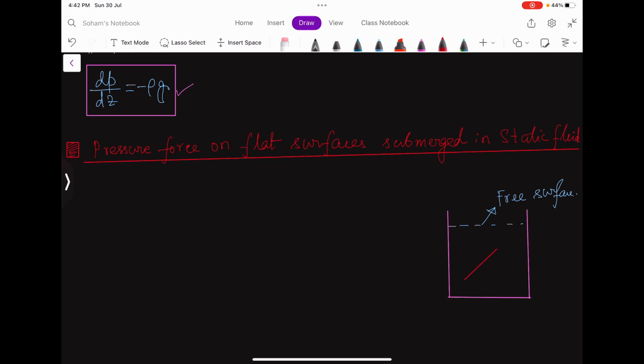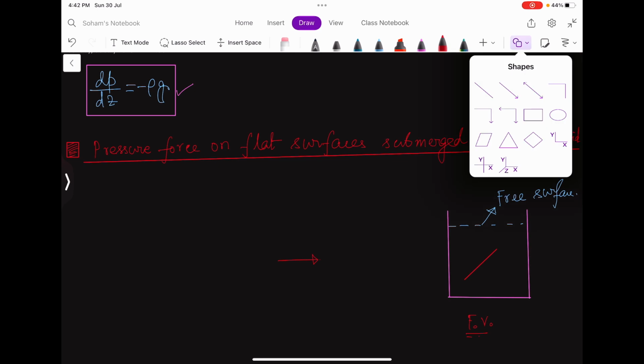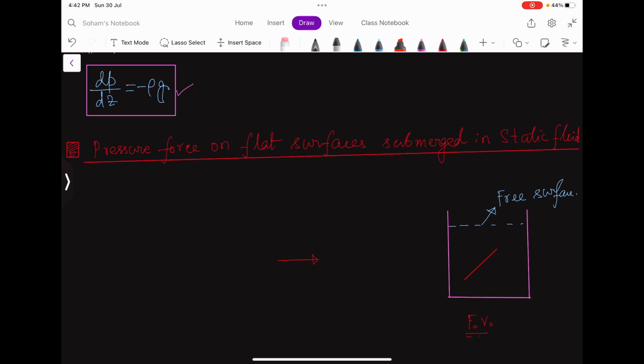So this is the side view, or let us say the front view. If I view from this side, it will appear something like this.